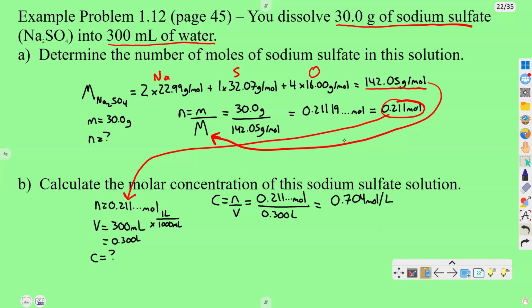Now here, you can write down the 0.211 moles, but this is the value, the 0.21119, however it goes, that's what we want to be using to determine our molar concentration. Most of the time, it's not going to make a big difference.